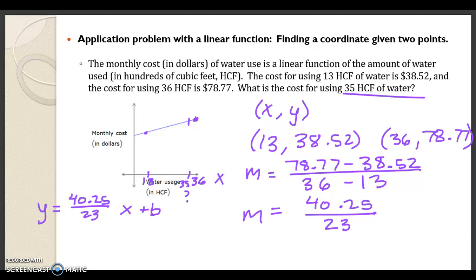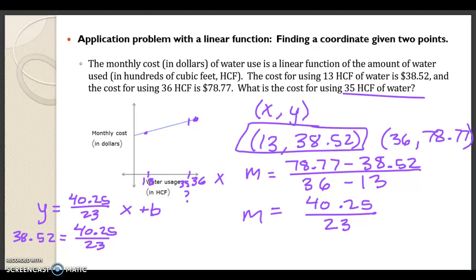So if I plug in 38.52 for y, I've got to use that same point for my x value. So I'm using this point right here. My x value with that point is 13, plus b.